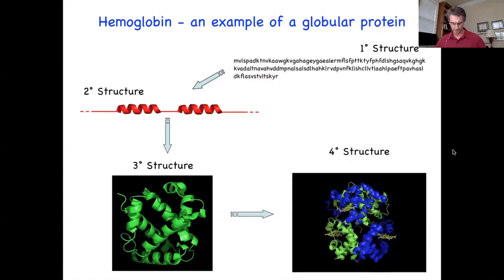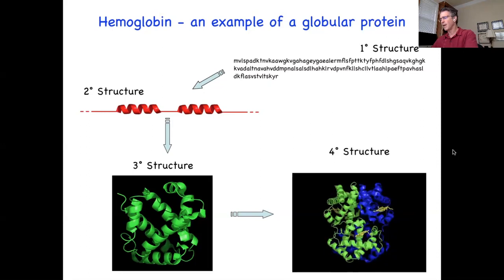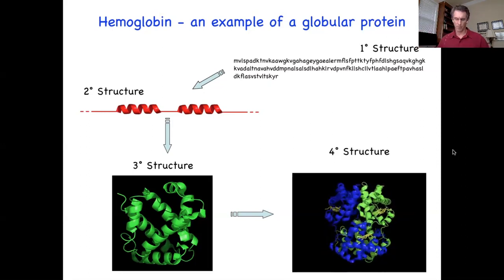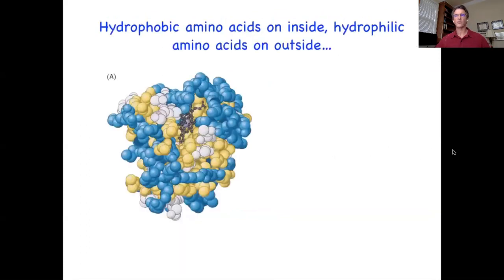Another important property of globular proteins is the way in which their amino acid components are distributed. We've already talked about this a little bit. Globular proteins, less so fibrous proteins, have a clear inside and a clear outside.